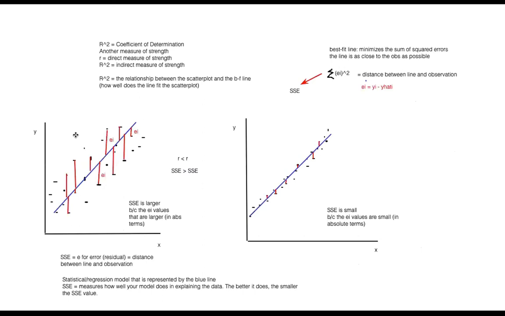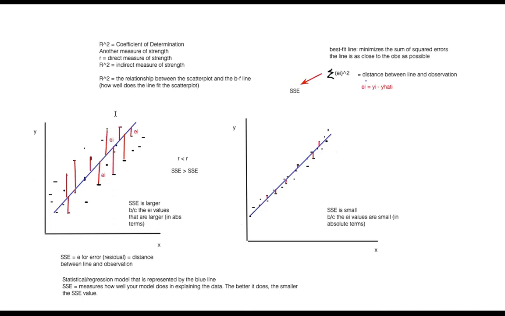Here, the residuals are bigger, so the portion of the total variation in Y not explained by the model is larger compared to this one. That's why the SSE is larger here compared to the SSE on the right-hand side.